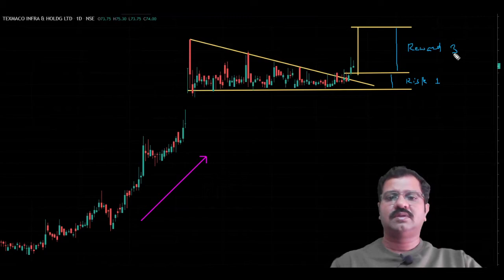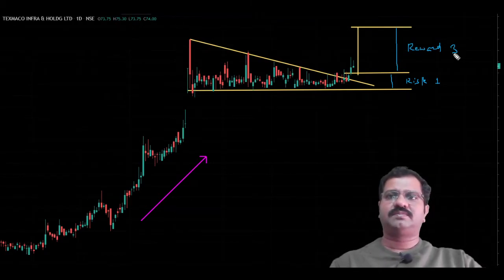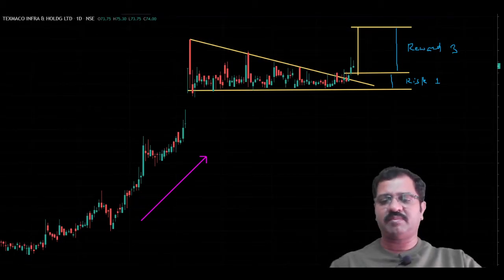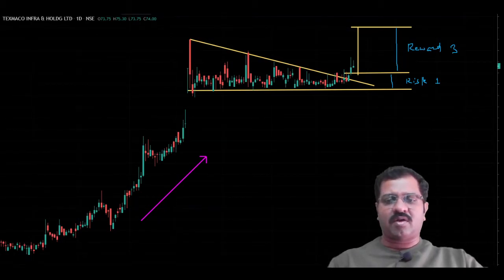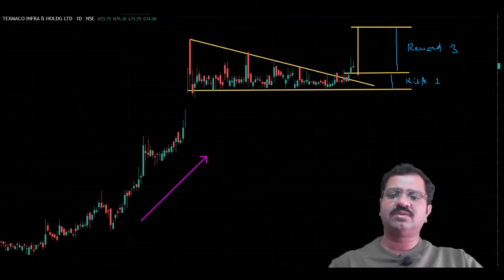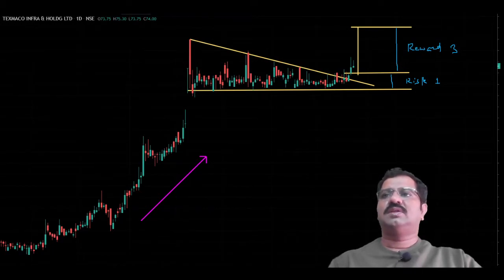It is always like that for triangle breakouts. Any charts which I showed you, go and check. It is always the same for all triangle breakouts. But you have to remember one thing: you have to trade with the trend. Second, you have to enter the trade immediately as the breakout happens. Now I will take you to the next chart.